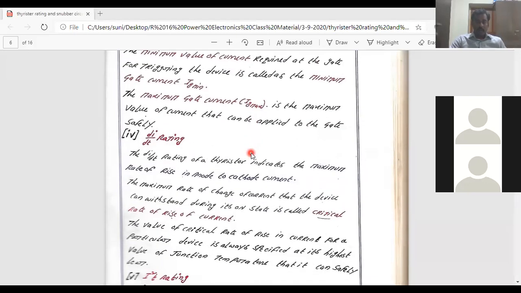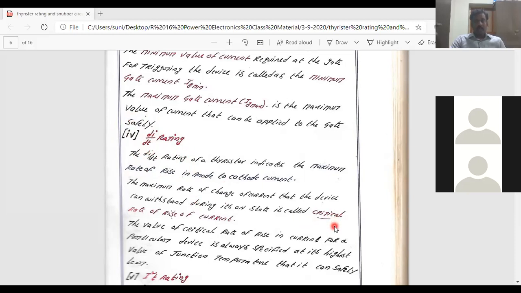Then you are going to have one more parameter, the di by dt rating. This indicates the maximum rate of rise in the current value. This di by dt rating value is defined for the device. What will happen if this value is much higher? The first consequence is a rise in the temperature.